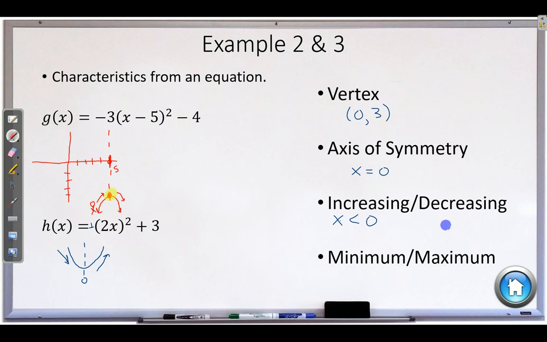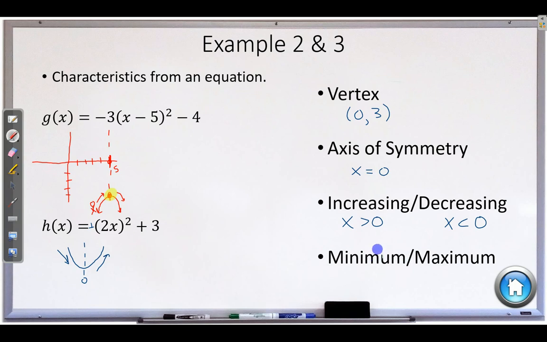And, oops, I got that flipped around, didn't I? My bad. So, decreasing is when x is less than 0. And increasing is when x is greater than 0 on the right side, where the numbers are bigger than 0.